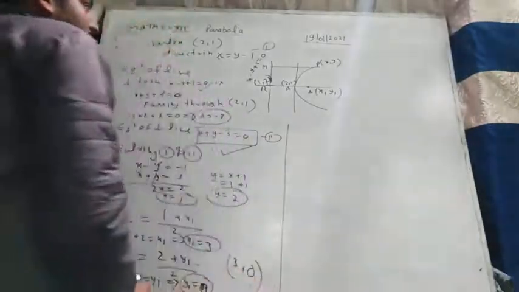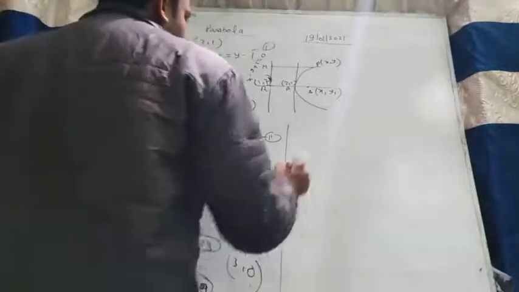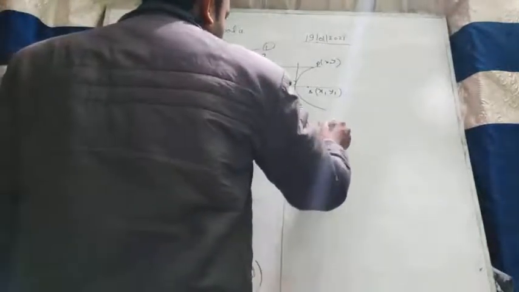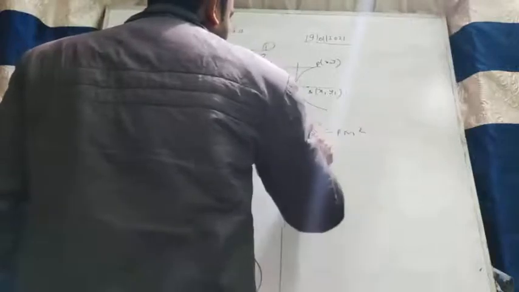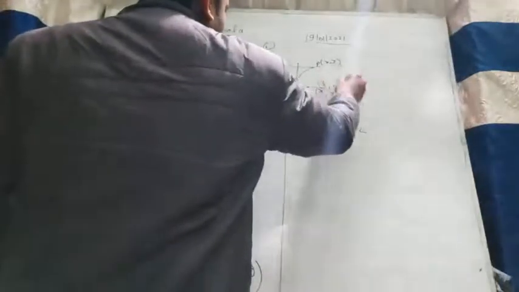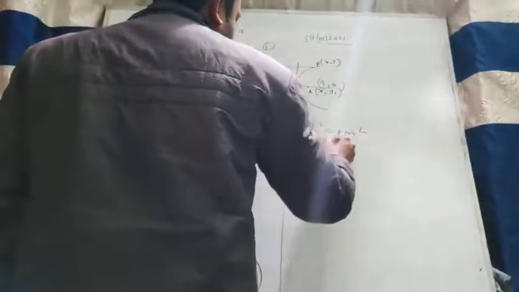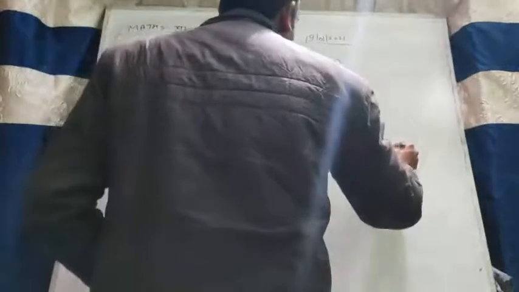Now student, we can find the equation of the parabola. So PS square is PM square. So we write x and this is 3 comma 0. So x minus 3 square plus y square is PM, which is x minus y plus 1 by under root 1 square plus minus 1 square whole square.